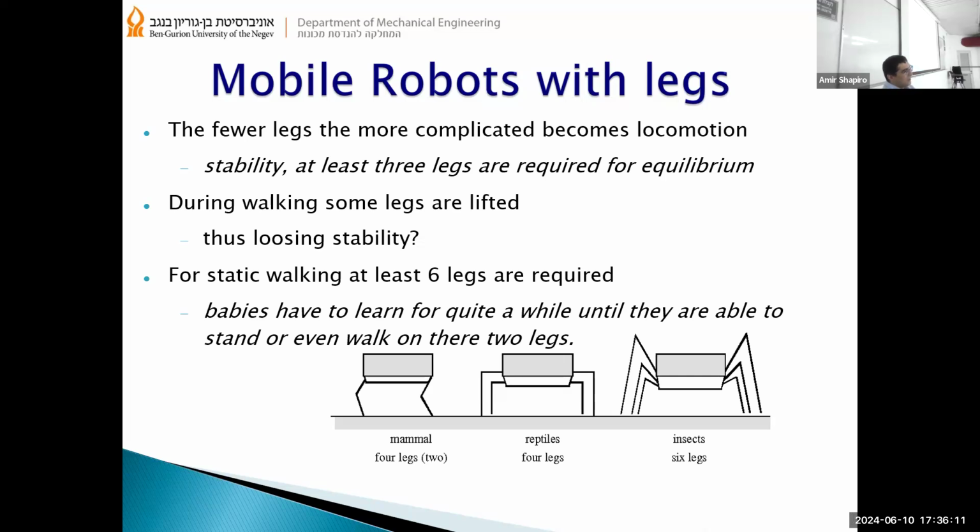We are walking in a dynamical manner, so we kind of fall forward, and this is kind of dynamic effect, and then put our leg in front. But quasi-static locomotion is when in order to move the leg forward, I need to take my body backward in order to maintain my center of gravity above the leg that is touching the ground. Okay?